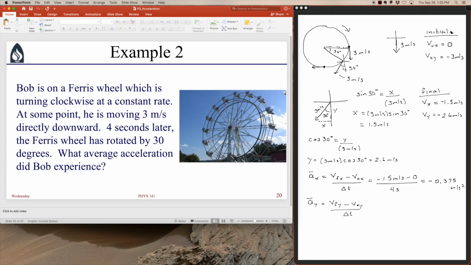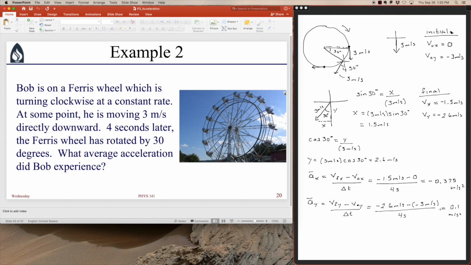So we found that the final velocity in the y direction is negative 2.6 meters per second minus the initial velocity in the y direction, which was negative 3 meters per second, divided by 4 seconds. And that gives me a value of 0.1 meters per second squared. So now I have both an x and a y component of the average acceleration.